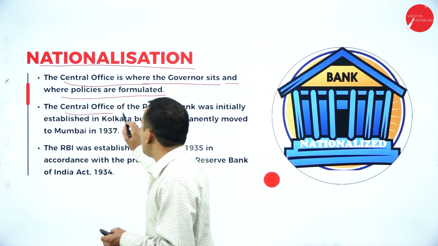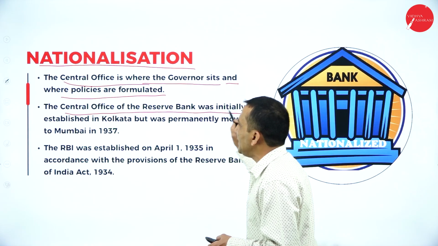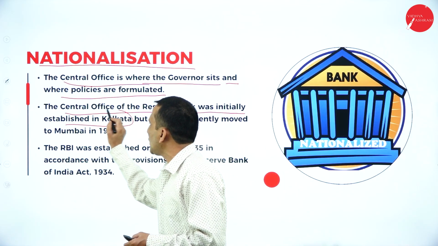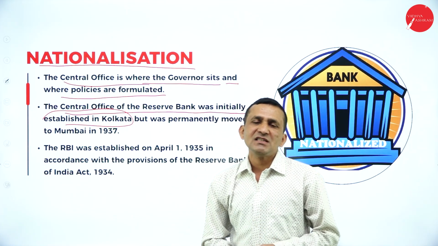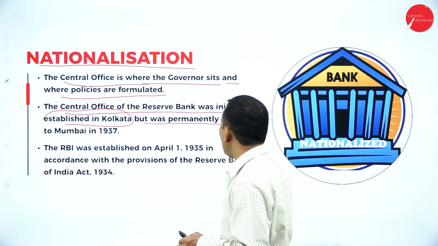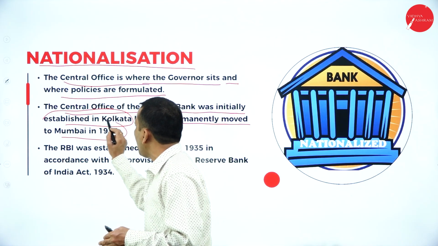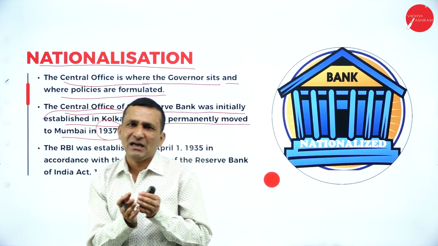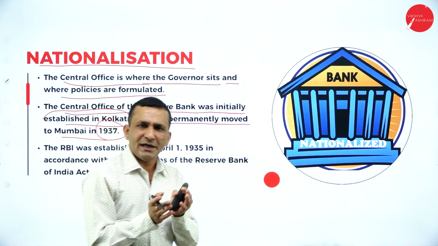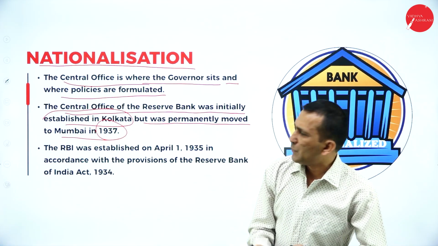So the central office of the Reserve Bank was initially established in Kolkata. You can identify that the central office was located in Kolkata, but was permanently moved to Mumbai in the year 1936. So at the starting stage the central office was located in Kolkata, and slowly it moved to Mumbai.